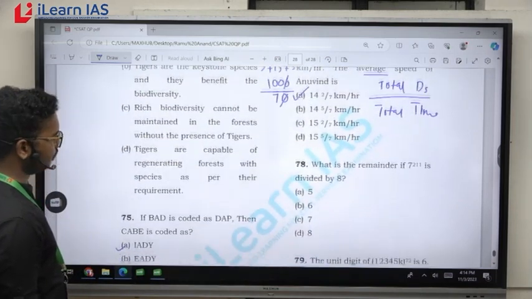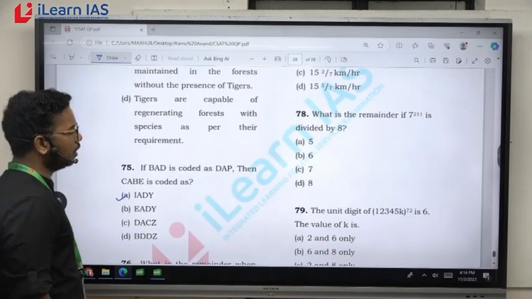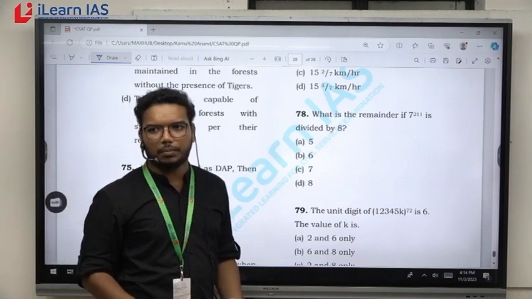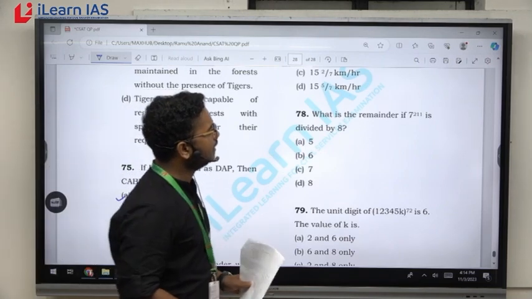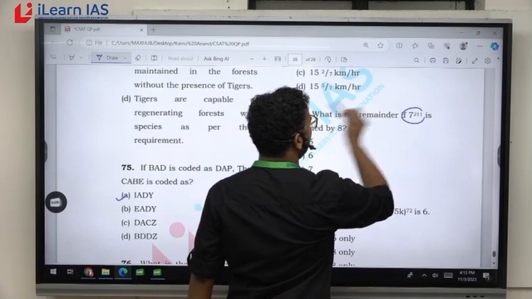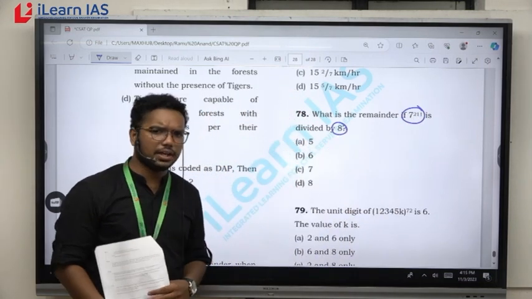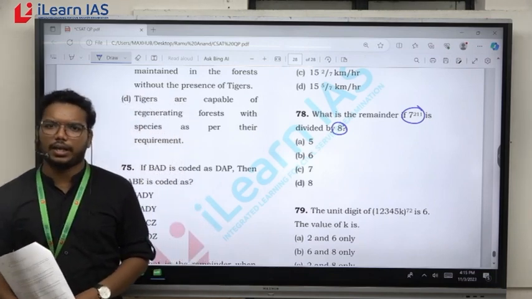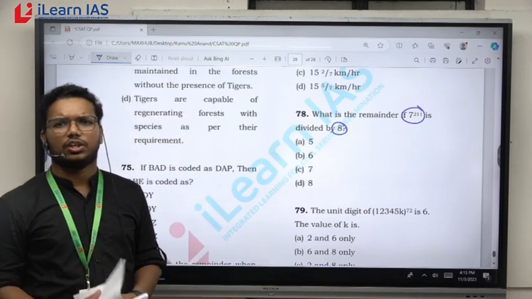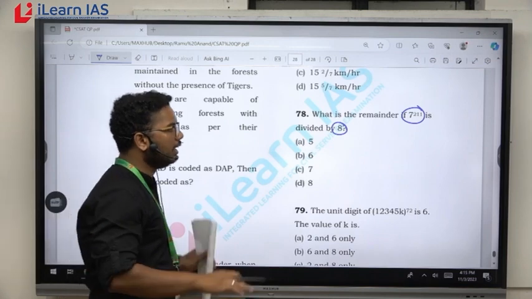Next. Good question. What is the remainder if 7 raised to 211 is divided by 8? Here, you need to look at a concept called negative remainder.